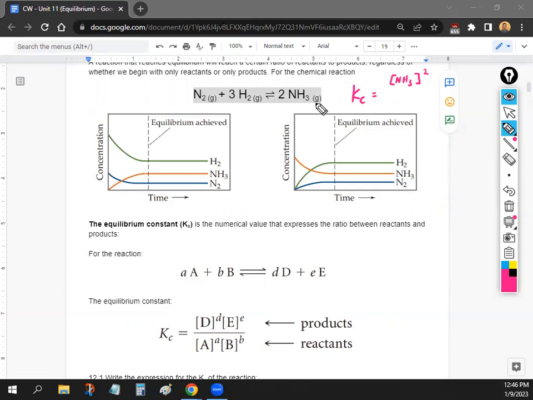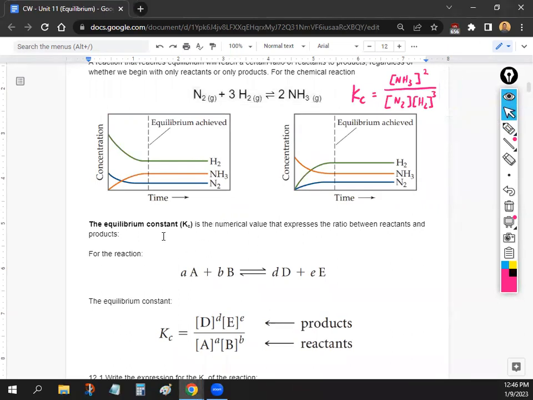So the coefficient is 2, so we put a 2 up there, divided by the concentration of the reactants. So that's how you can calculate the equilibrium constant. It's just products divided by reactants, and this basically tells us the ratio at equilibrium between the products and the reactants.